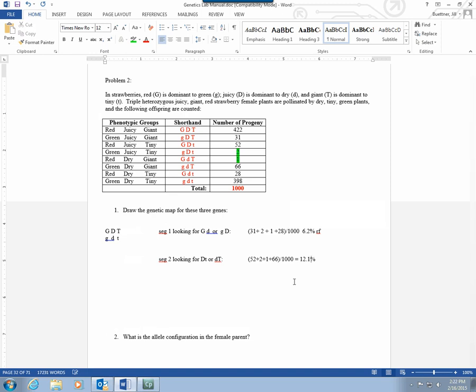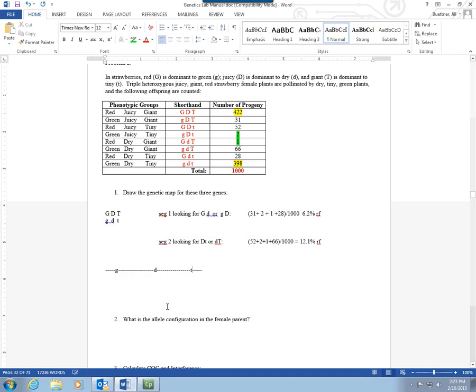So your map, it's kind of hard to draw. You can put G, D and T out here, and then for segment 1 you'll indicate 6.2 map units, and for segment 2 you'll indicate 12.1 map units.